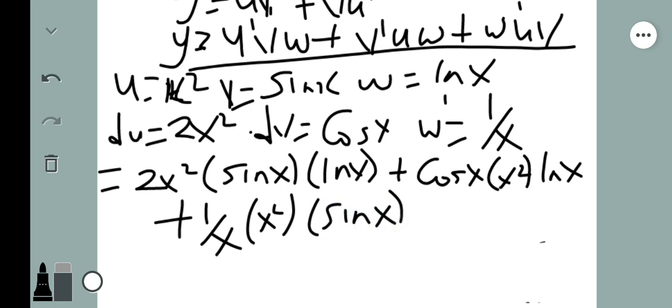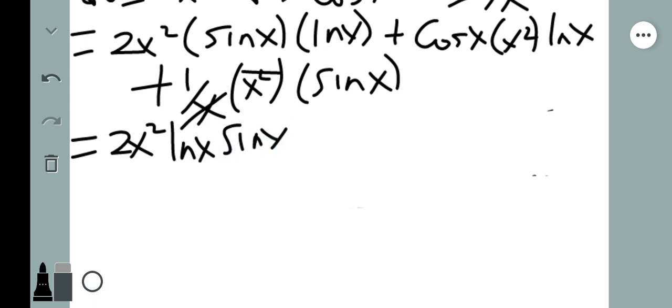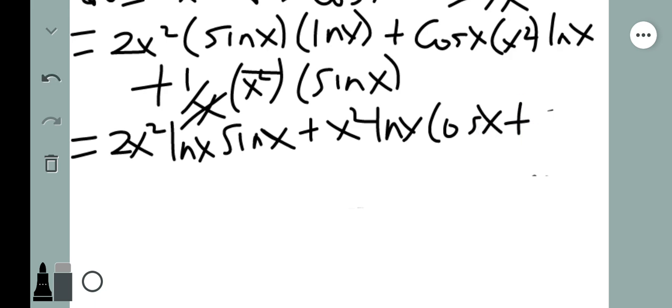So from here we have, x can cancel one x here, and we can also cancel here. Writing this, you have 2x ln x sine x, plus x squared ln x cos x, plus this last one, since one x has cancelled one x, you have x sine x.